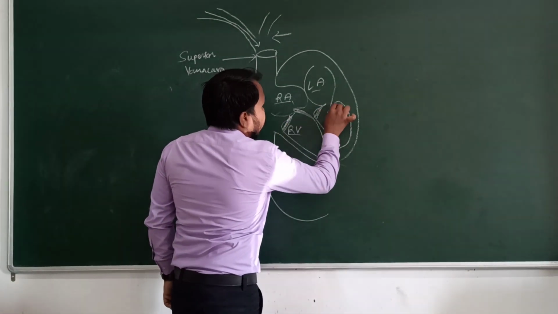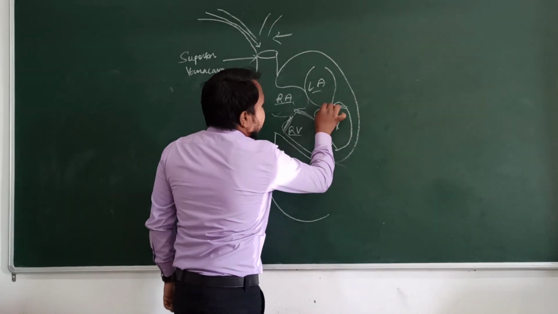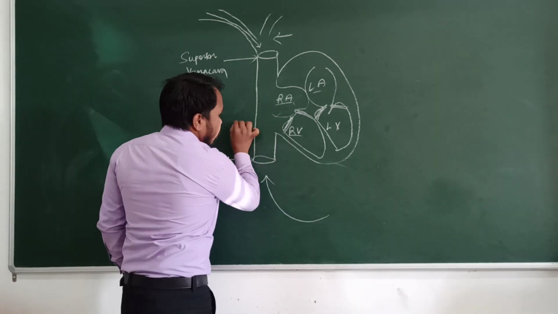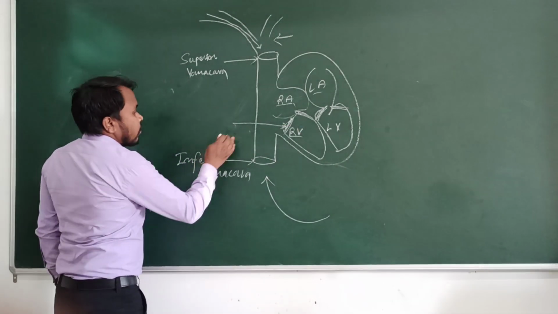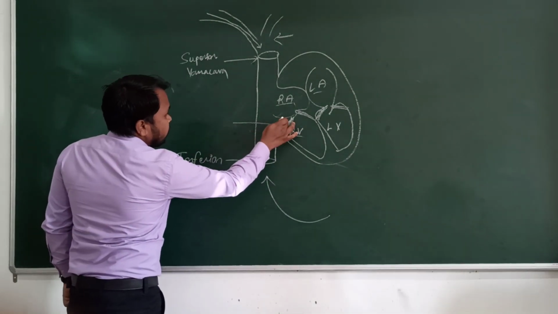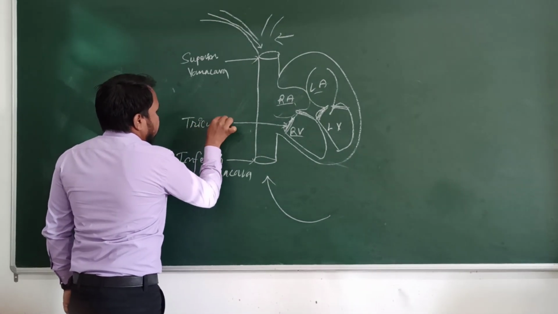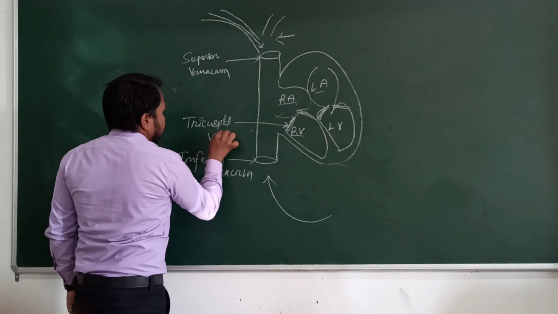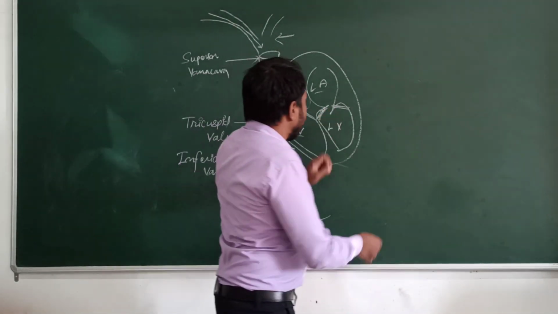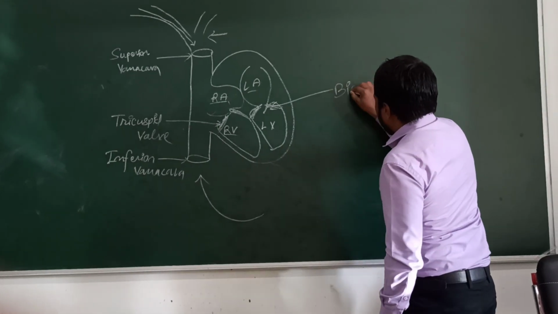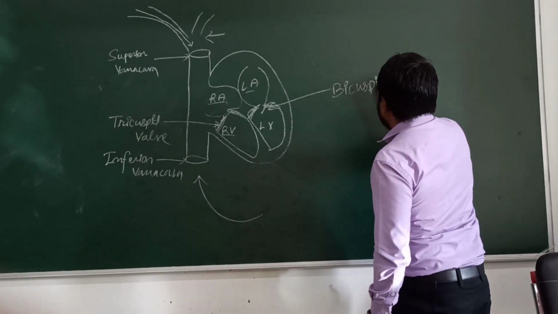Because here two muscles are attached to this valve. That's why this is bicuspid valve. Now I am writing the name of this: tricuspid valve, and this is bicuspid valve.